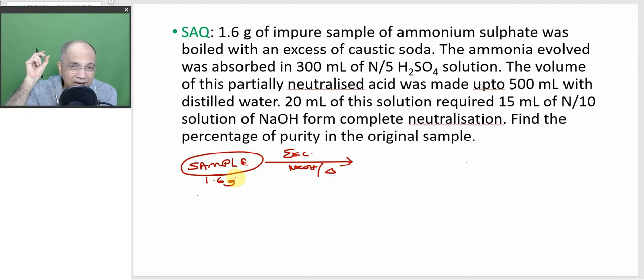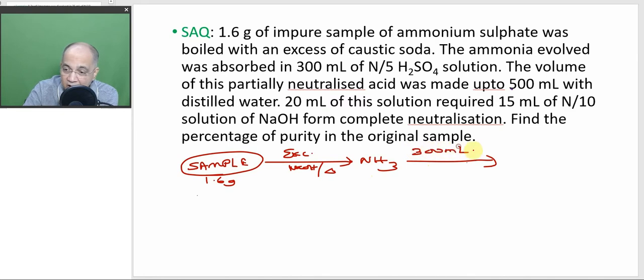That's a relatively simpler analysis, but here the analysis has been a little roundabout, a little rigorous. The ammonia is not allowed to escape out. The ammonia produced is again dissolved in another conical flask containing 300 ml of N/5 sulfuric acid.